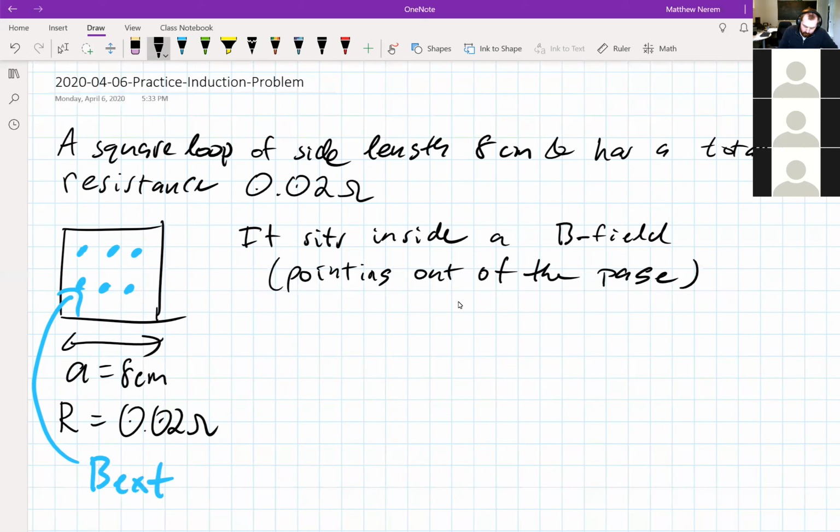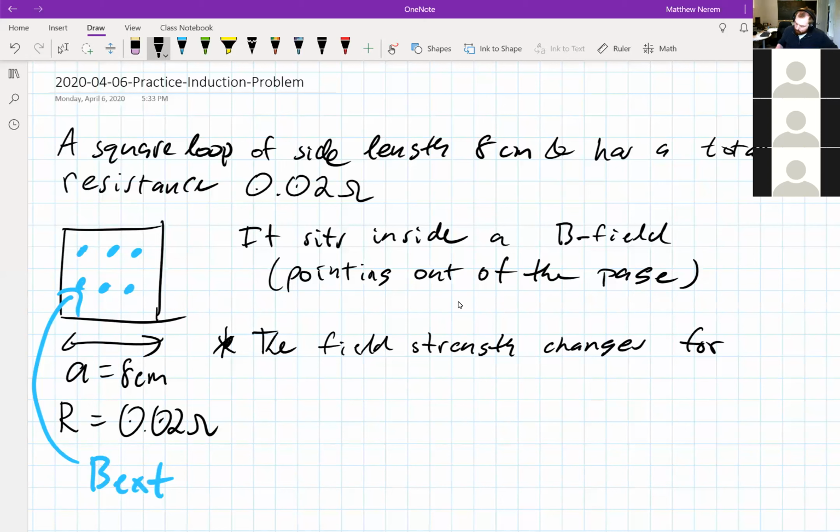And now for the induction, right? What we're going to do is change the field strength. We'll do that over a course of 10 milliseconds.